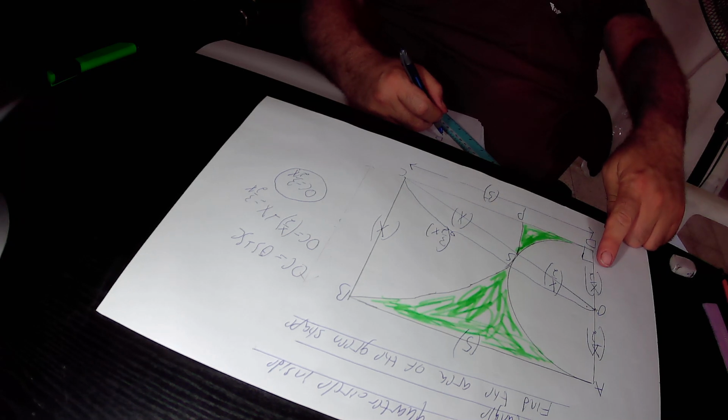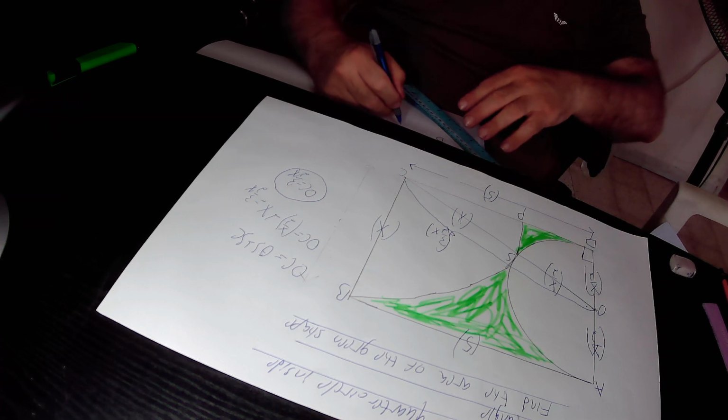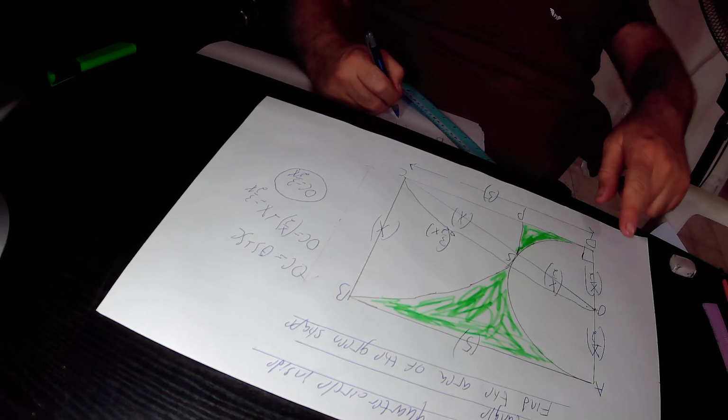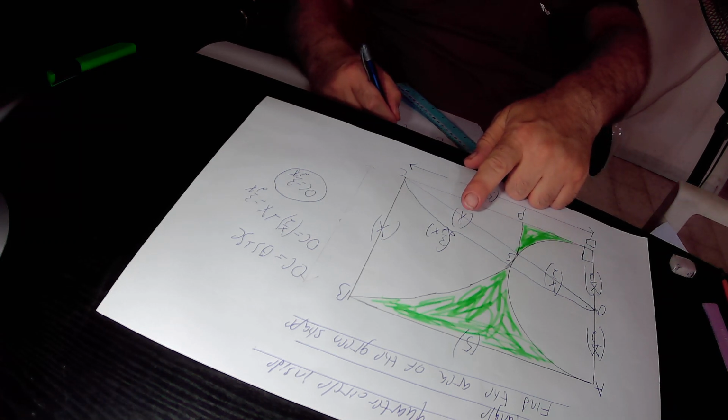Side OD equals x over 2 units in its length. Side DC of triangle ODC equals 5 units in its length. And we just found that the length of the hypotenuse OC is 3 over 2 times x units.